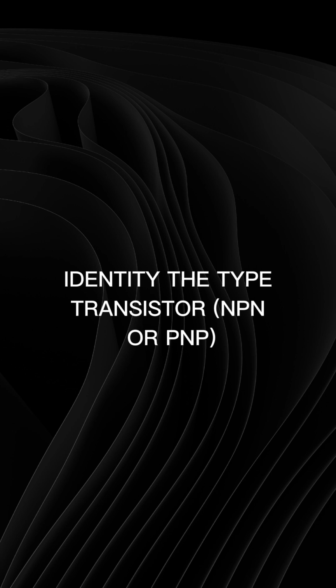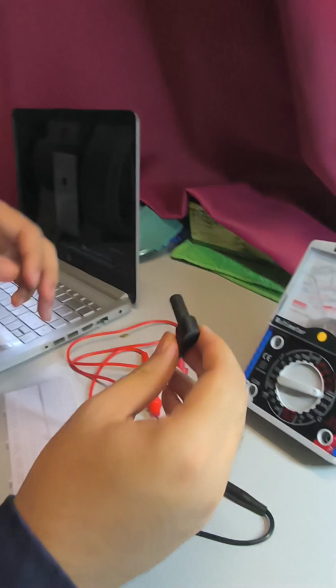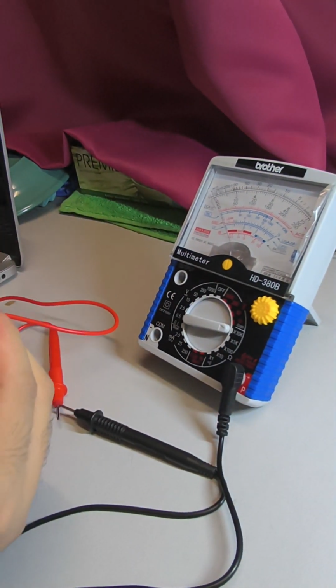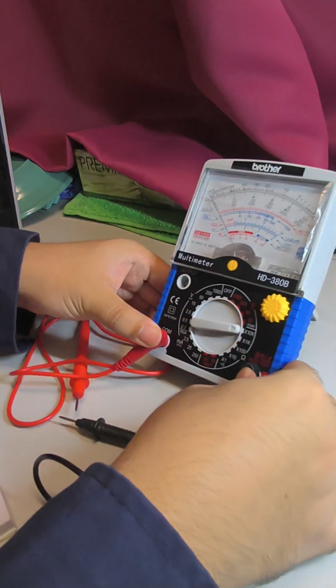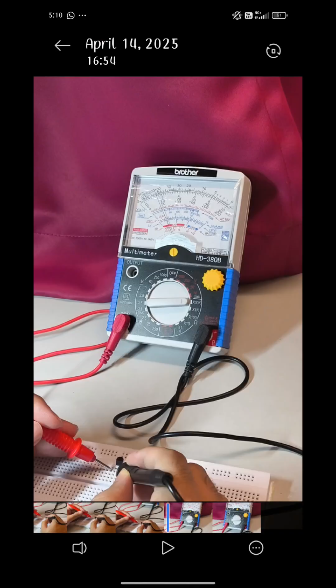Identify the type of transistor, NPN or PNP. First, put the probes in opposite polarity, positive to negative, negative to positive. Put the negative probe at the base, positive probe to terminal 1.